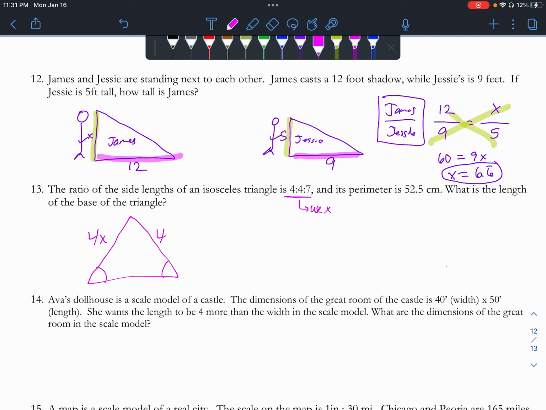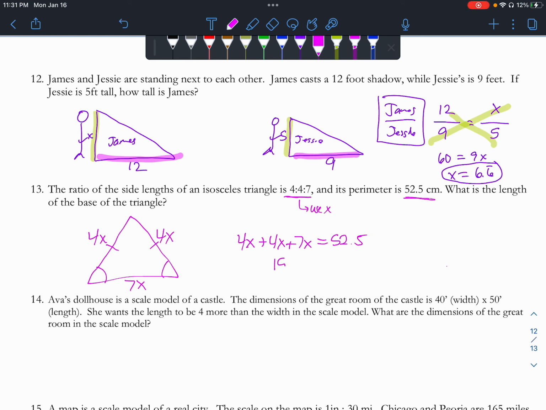Introduce your x's. 4x, 4x, and 7x, because we know that those two sides do have to be the same. They're telling you the perimeter is 52.5. So I have 4x plus 4x plus 7x. I should get a grand total of 52.5.